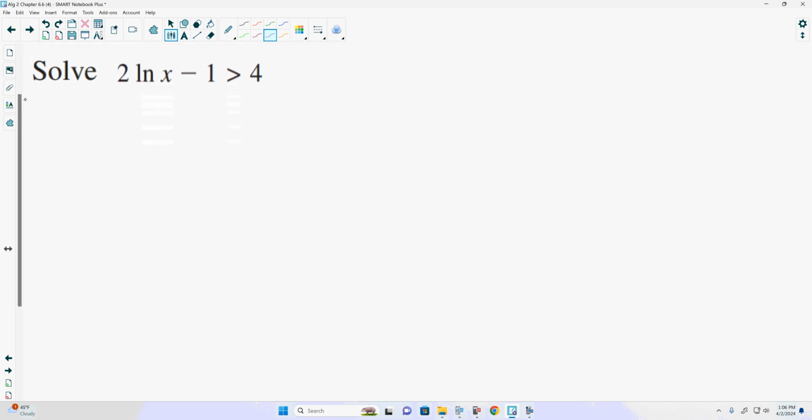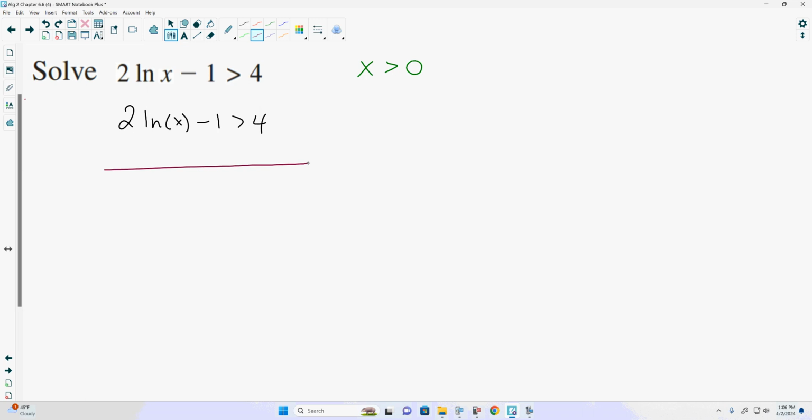Now let's look at this one here. What's inside the log, we're not going to really mess with, is just x, and we're saying that it has to be greater than 0. So our values of x have to be greater than 0. Now we need to solve this here.